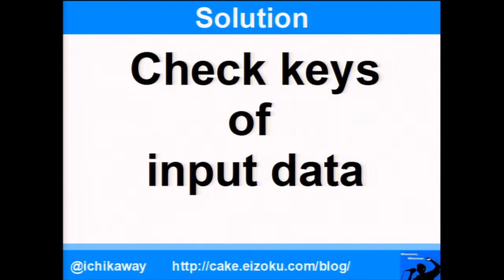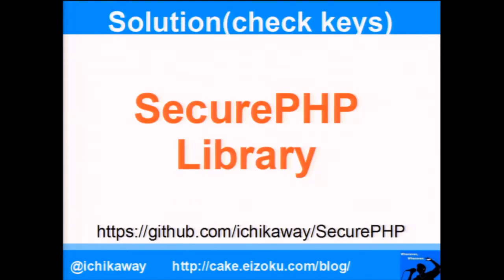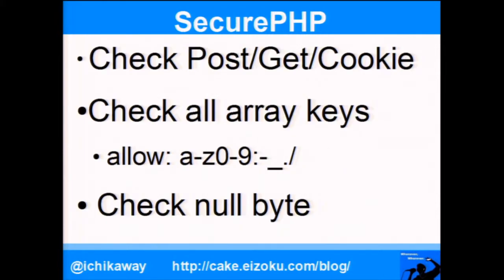So I use a CakePHP library. I made it half a year ago. I made it to check null bytes in input data, but it's also useful for MongoDB injection, because the library checks user input data and all array keys.